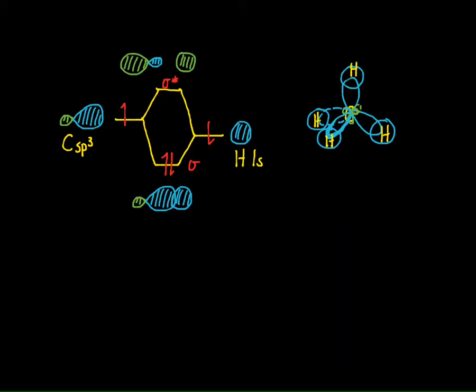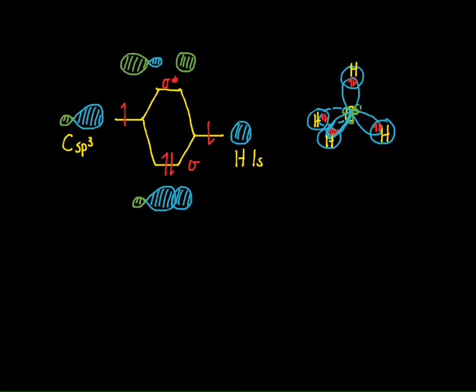So I have now the complete overlap of the 4 hydrogens together, and of course each overlap has a sigma bond where 2 electrons reside, and voila, I have my picture now, that hybridized molecular orbital picture of methane.